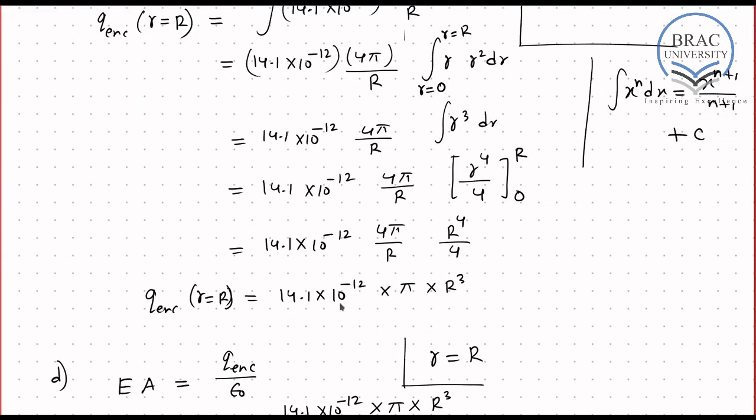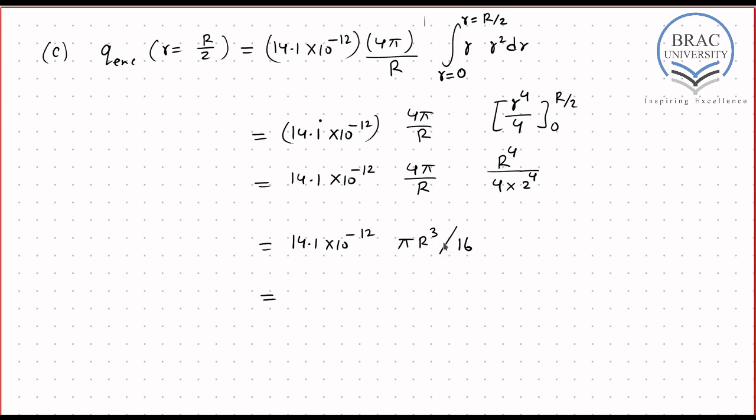We have calculated this before. 14.1 times 10 to the power minus 12 pi R cubed is the total enclosed charge. Here we have exactly the same expression, but this is divided by 16. So 1/16th of the charge is enclosed by radius small r equals R by 2.